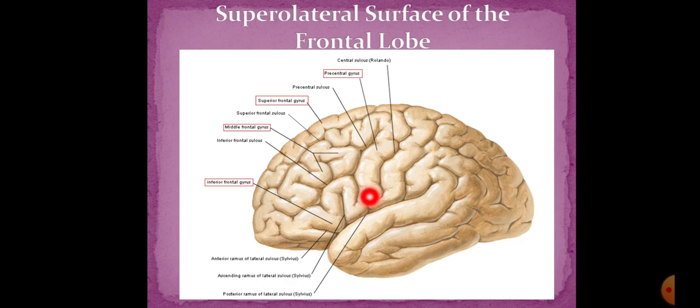Again, طيب دي السنترال سالكس anterior لها طوال في gyri قاعدة قبليها، معناها حنسميها شنو؟ pre-central gyrus. And here are 3 gyri from superior to inferior in order. معناها حنسميها شنو؟ من فوق لتحت superior frontal gyrus, middle frontal gyrus and inferior frontal gyrus.